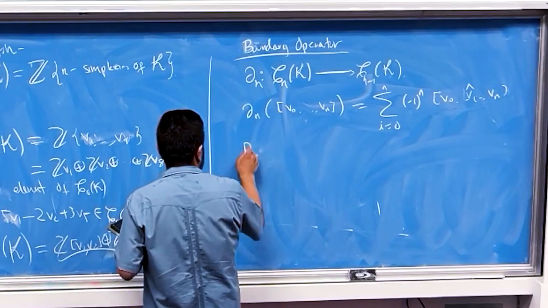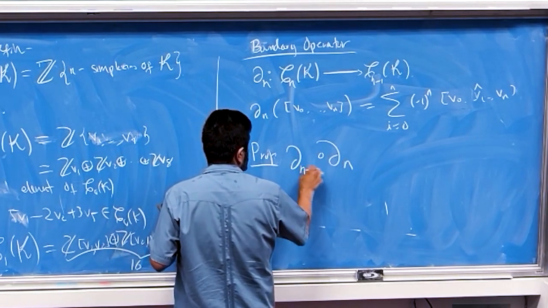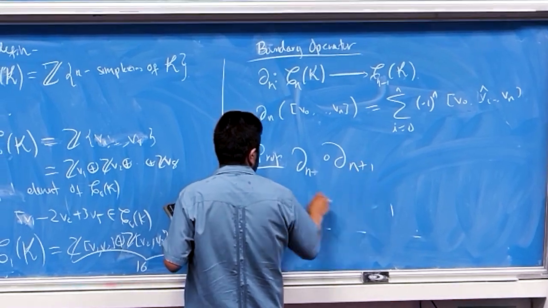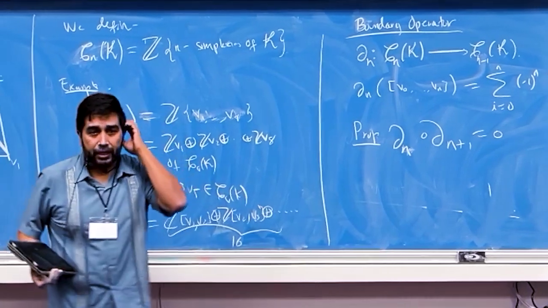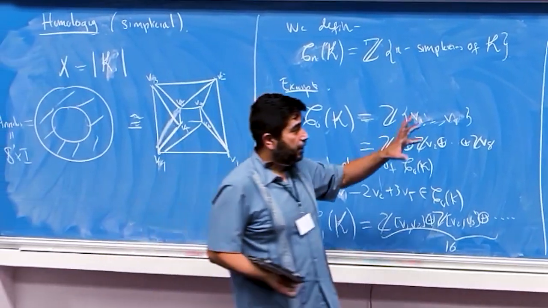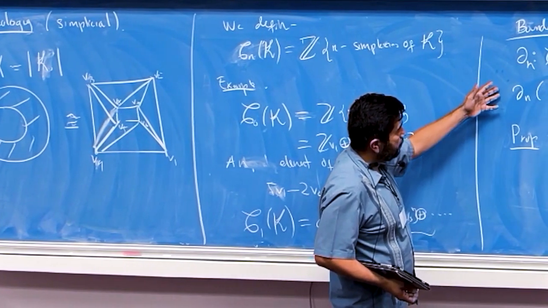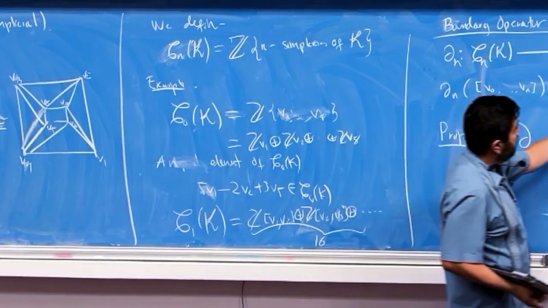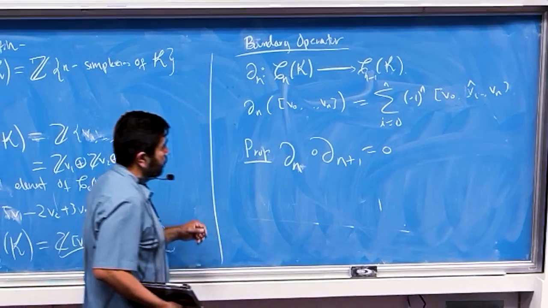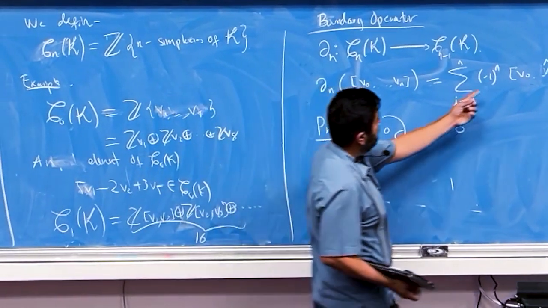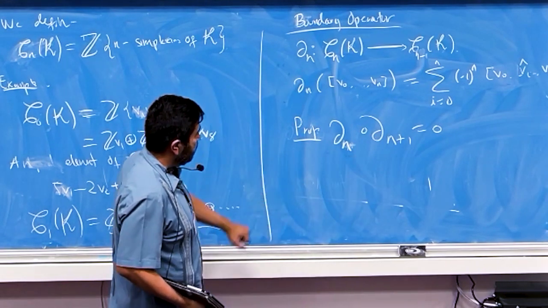One proposition is that if you take the boundary on n plus 1 and follow it by the boundary on n, this is going to be 0. You can do the computations, and this is always the case. You will have a lot of double vertex removals, and they cancel out thanks to the minus sign, which appears twice, and everything cancels out.